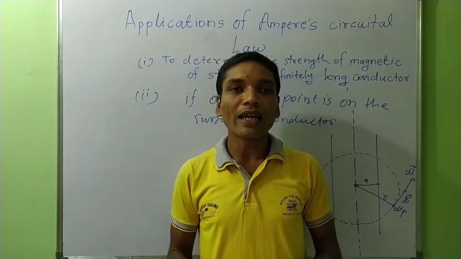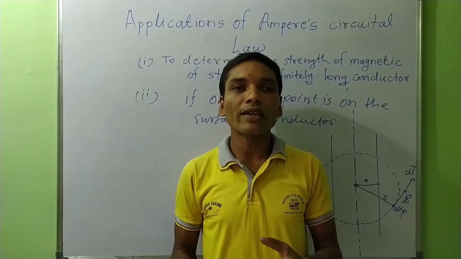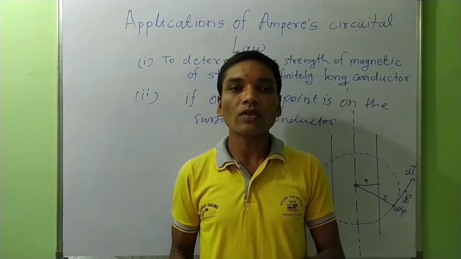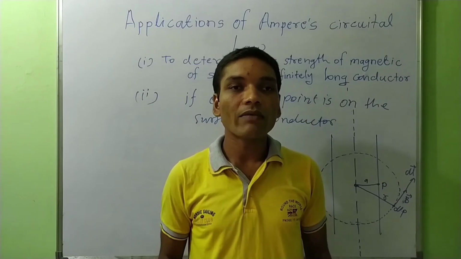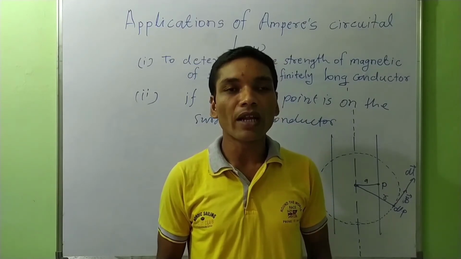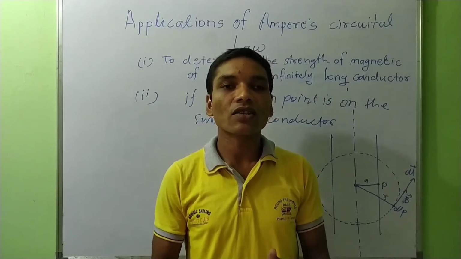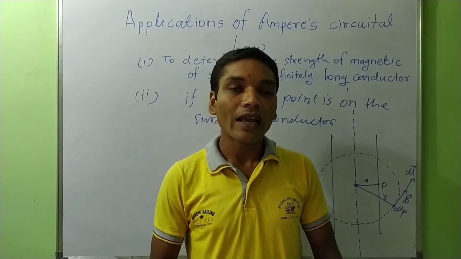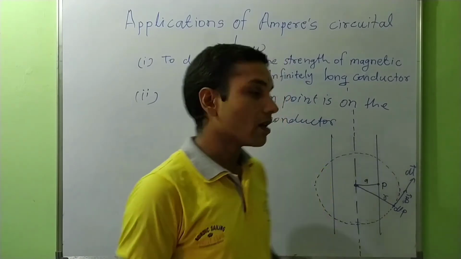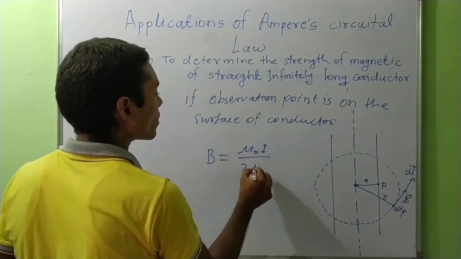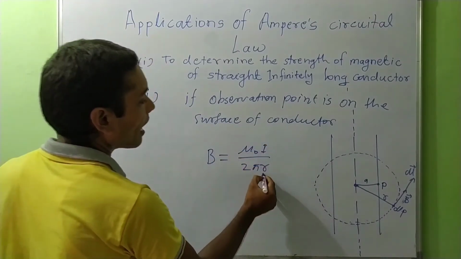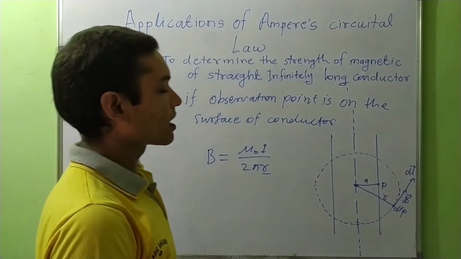If we have to determine the magnitude of magnetic field on the surface of a straight current carrying conductor, we have determined the magnitude of magnetic field outside the straight current carrying conductor at any point is B equal to mu naught I upon 2 pi r, where r is the distance of the observation point.